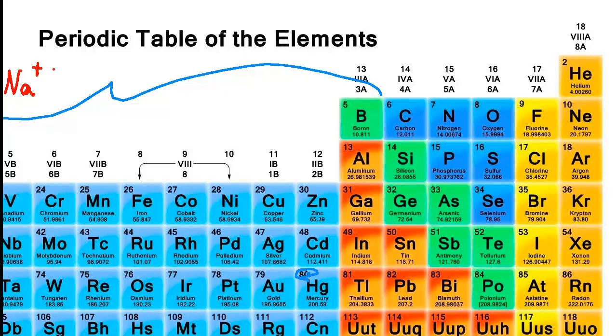All right, most of these compounds have lower melting points and boiling points. And that's, of course, very evident because we have a lot of gases. Oxygen is a gas at room temperature. Fluorine and chlorine are gases at room temperature. Bromine is a liquid at room temperature.